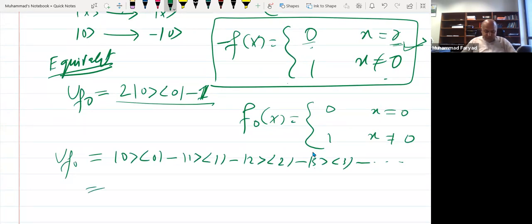And if I subtract and add this term, so let me add this term here and then subtract this term again.